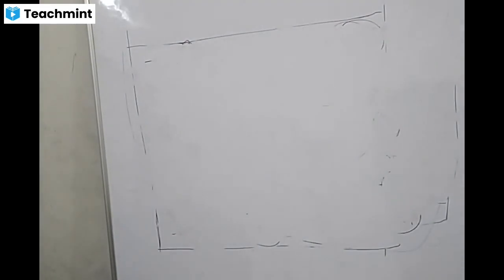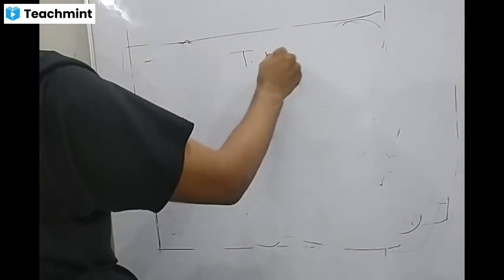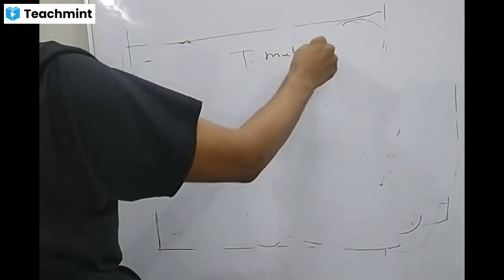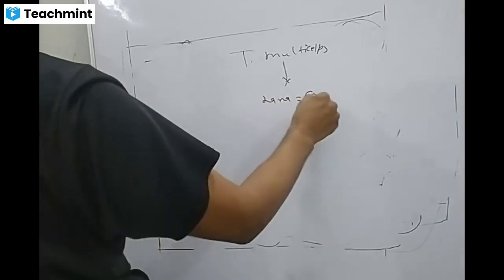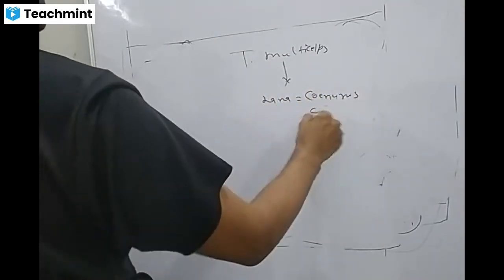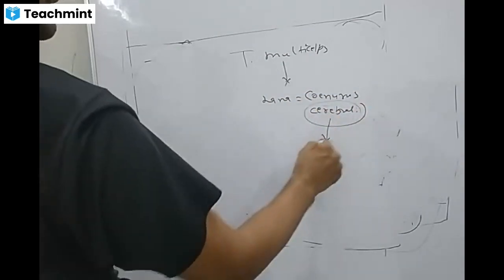So next is Taenia multiceps. With Taenia multiceps, what is the larval stage name? That is Coenurus cerebralis. It means this is related with the cerebral system.